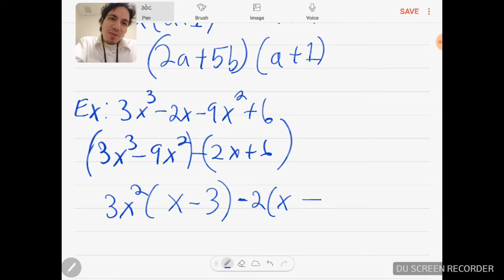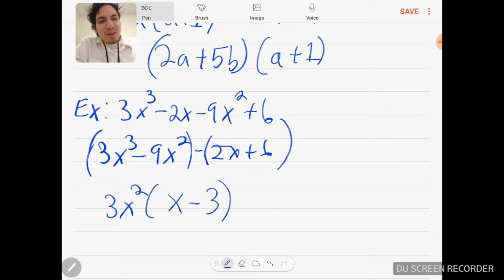Oh, no. Wait. If we're going to group like terms, wait a minute. Hold on. No, I'm sorry, I'm bugging. Sorry. So it's negative 2x. That's what we're grouping, right?